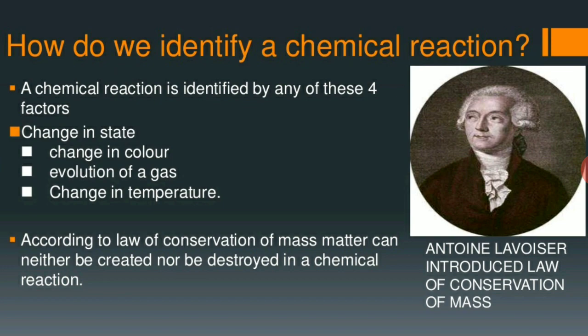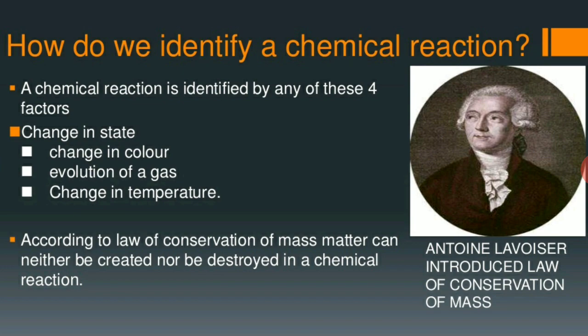Next, how do we identify whether a chemical reaction takes place or not? A chemical reaction can be identified by observing certain changes. Change in state of matter, or change in the color, or evolution of some gases, or change in temperature.